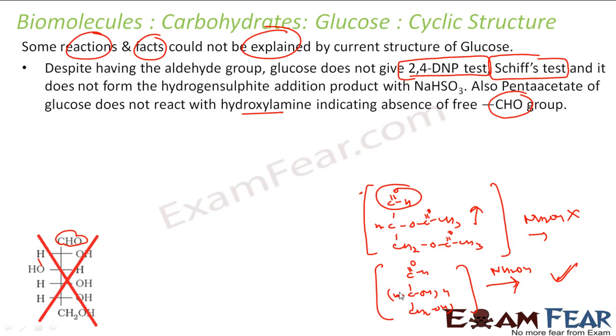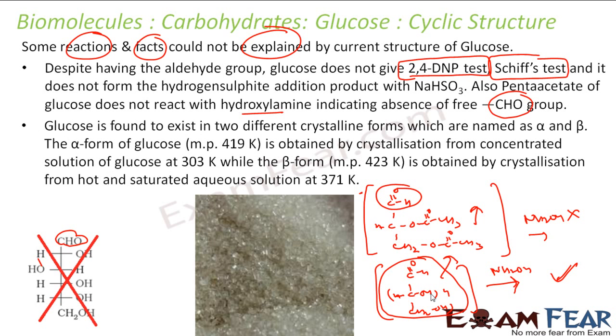So this structure is true for some cases, but for some cases the structure is not true. That means the structure changes based on the medium. If it's an aqueous medium, the structure changes. If it's a dry medium, the structure is different, right?